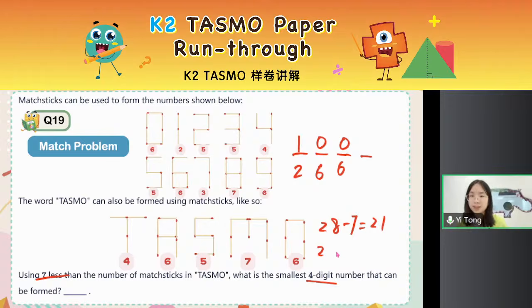So 21 minus 14 equals 7. Which one had 7? It's 8. So the answer is 8. And we used 7 sticks. So the answer is 1,008. And what is the answer? Type in the chat. All right?